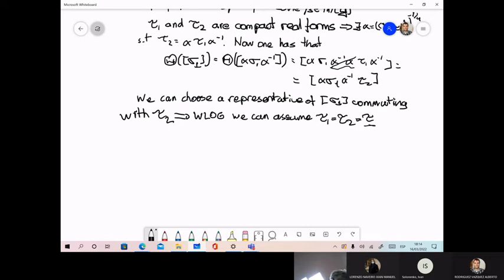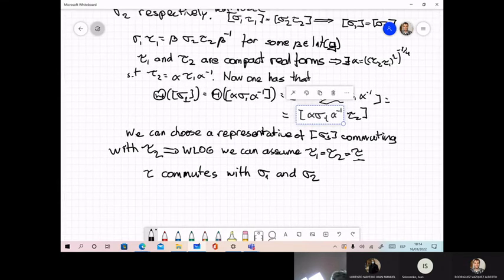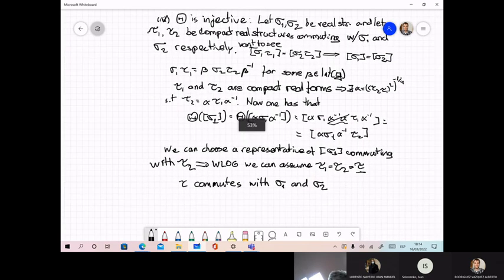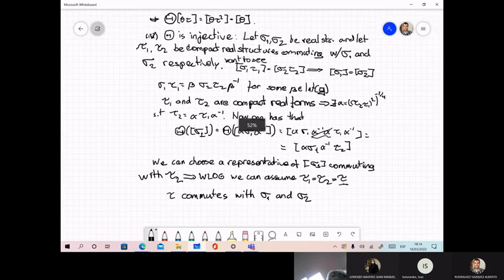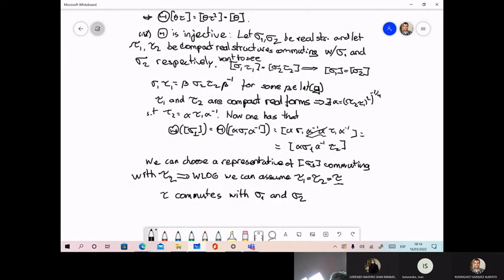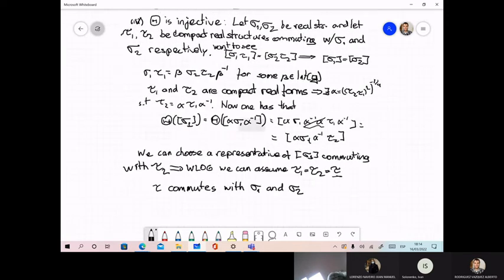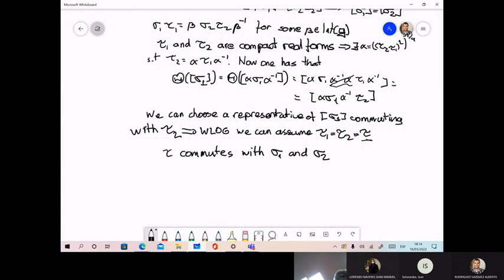Okay, so tau commutes with sigma 1 and sigma 2. And notice that in the beginning we had this beta conjugating the corresponding automorphisms. So consider this compact real form.